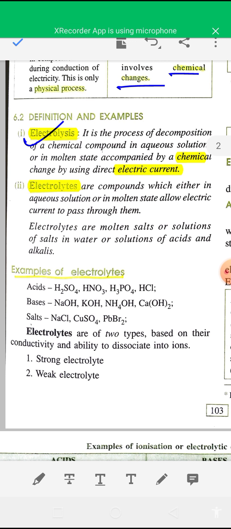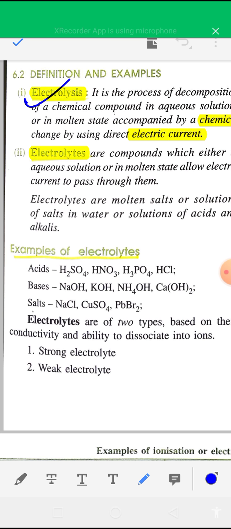Electrolytes are molten salts, solutions of salts in water, or solutions of acids or alkalis. Examples of electrolytes: any strong acid like H2SO4, HNO3, HCl, any strong base like NaOH, KOH, any strong salt like NaCl, copper sulfate, PbBr2.